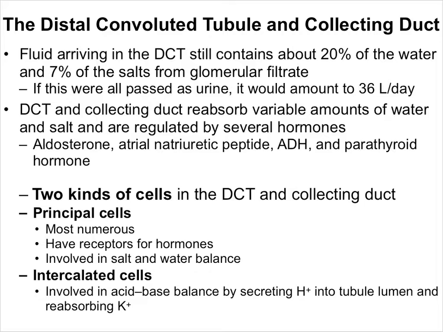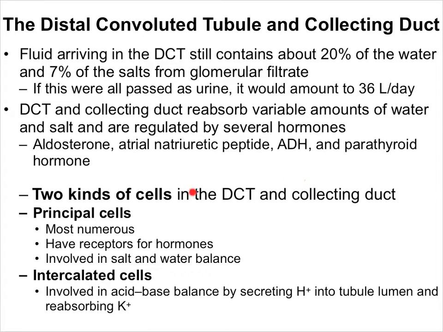So they will tend to keep water in your body, meaning that you're going to reabsorb more of this 36 liters. Natriuretic peptide is going to cause you to absorb less water, causing you to excrete more.